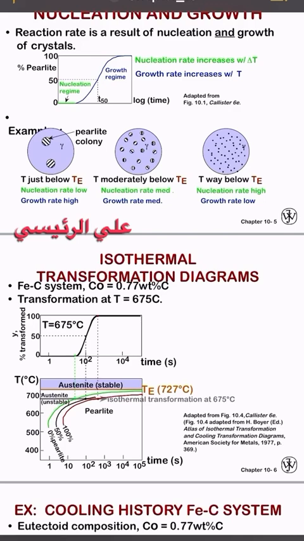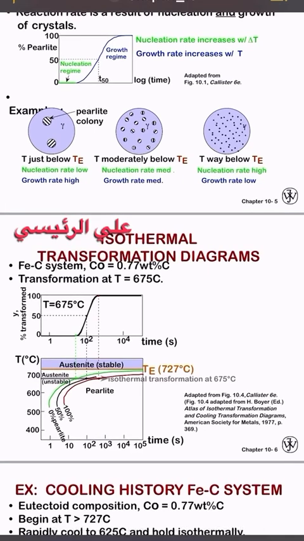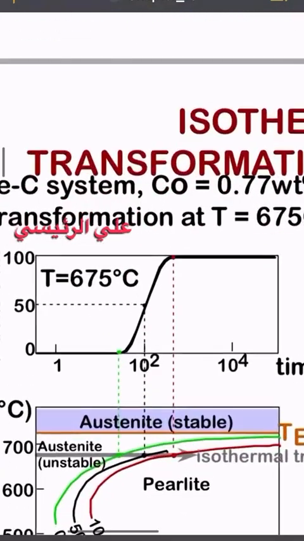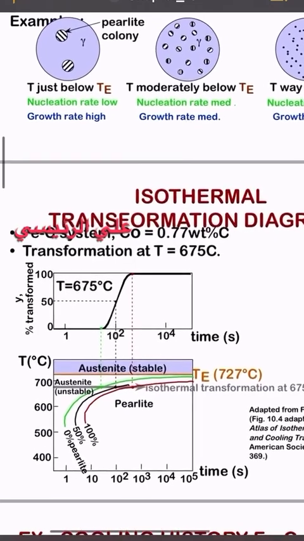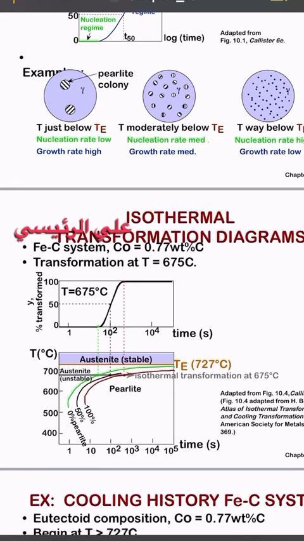In this iron carbon system, you see in this slide the composition of carbon is 0.77 weight percent. You see the transformation is at 675 degrees C, as you see here.